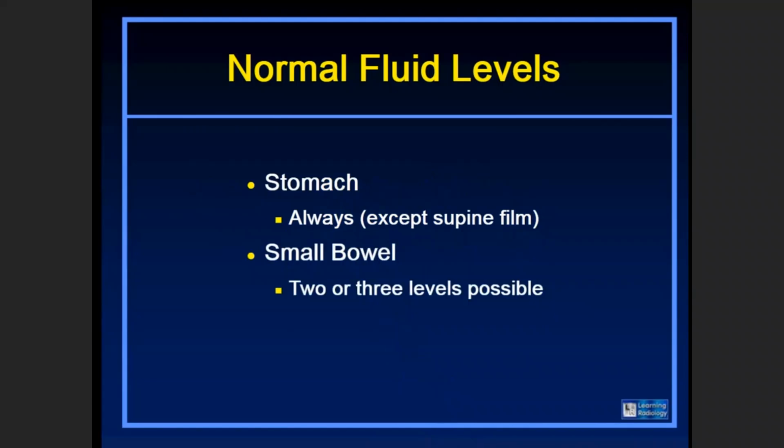The small bowel, the normal air fluid levels in the small bowel are 2 to 3 in number. Large bowel, there is not any single air fluid level in the large bowel. So the presence of an air fluid level in the large bowel means abnormality.